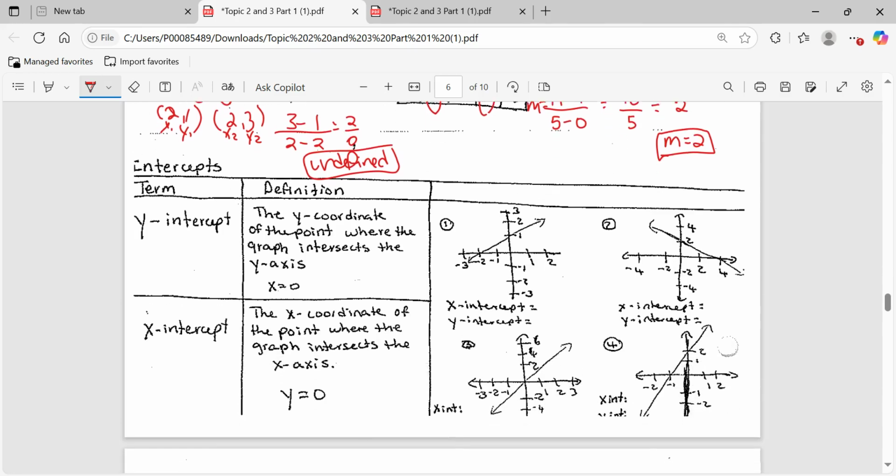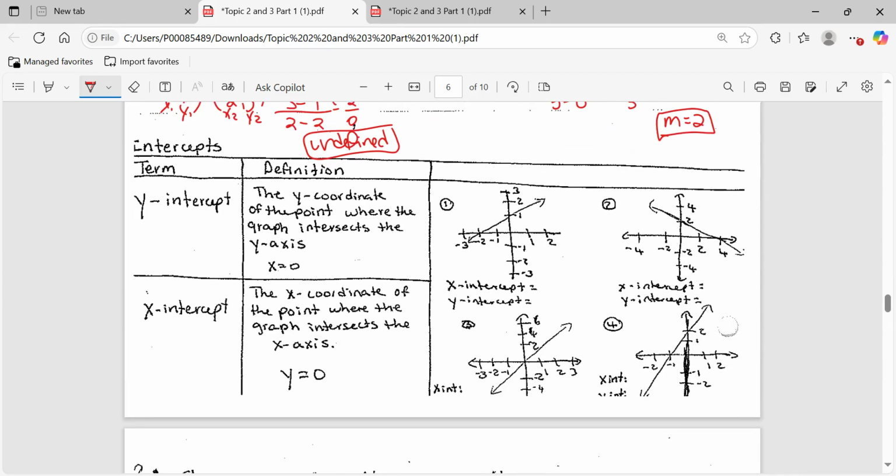So now let's come down and we're just going to identify what some intercepts are, which is a vocabulary term. The y-intercept is just the y-coordinate of the point where it crosses over the y-axis. So here's the y-axis. The y-intercept is right here where it crosses the y-axis, and this coordinate is 0, 1.